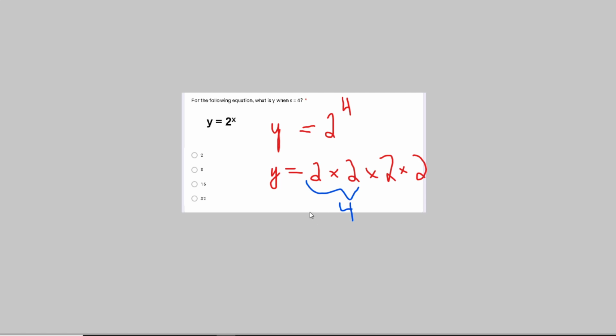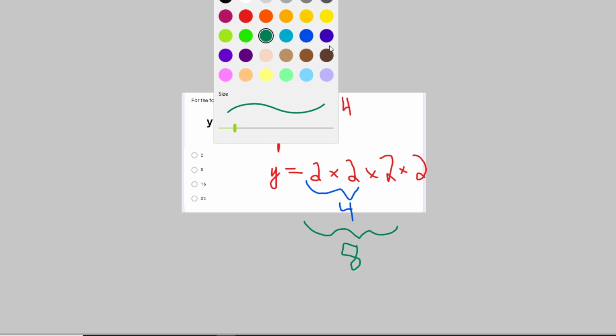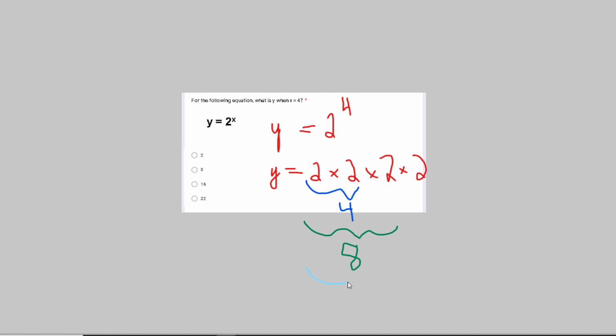So if we times by 2 again, 2 times 2 times 2, 2 cubed, would be 8. So 2 to the 4th, we do that one more time, multiply 8 times 2. It tells us the whole thing must be 16. So you should have gotten 16 for your answer.